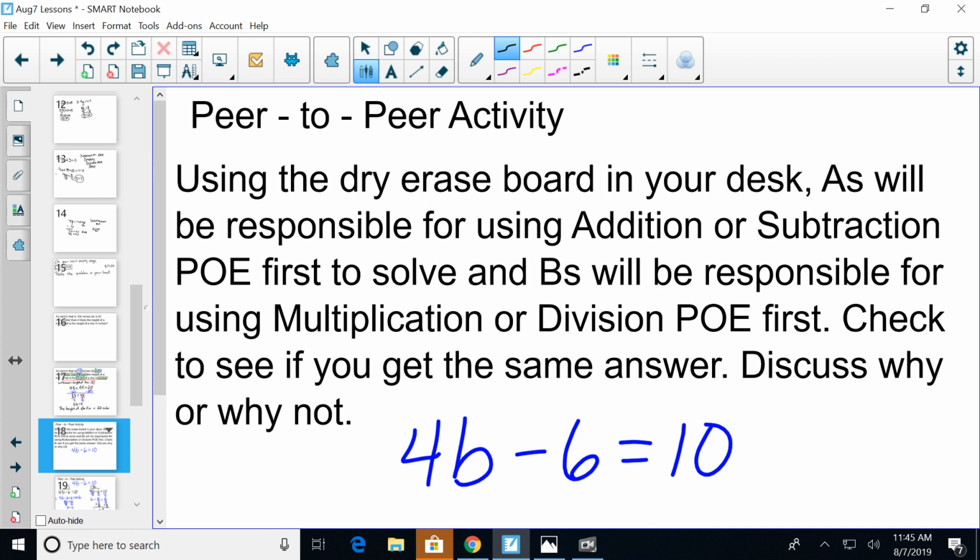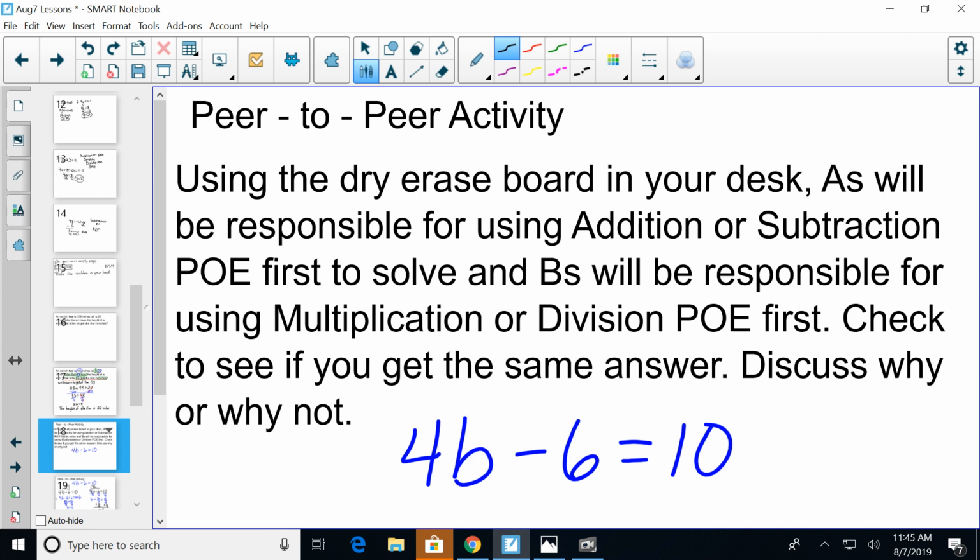If you were given B, you must use the multiplication or division property first to solve. I'll say that again. If you are A, your first step should either be the addition property of equality or the subtraction property of equality. If I told you you were a B, then you should either use the multiplication property of equality first or the division property of equality first.